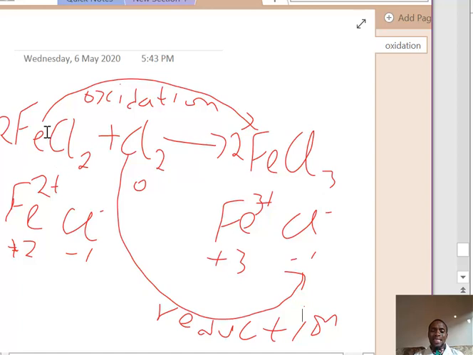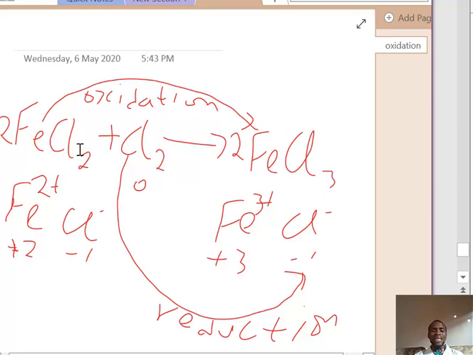Now when you look at this iron 2 here and iron 3 here, meaning iron has lost 2 here, here it is losing 3, meaning there is a loss of 1 more electron. So from iron 2 to iron 3, there is a loss of electron, that is oxidation. So from iron 2 chloride to iron 3 chloride, there is oxidation.